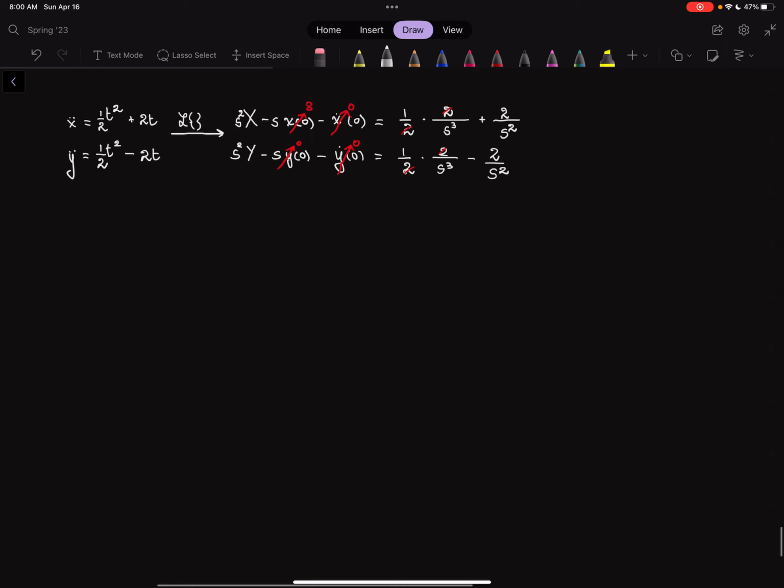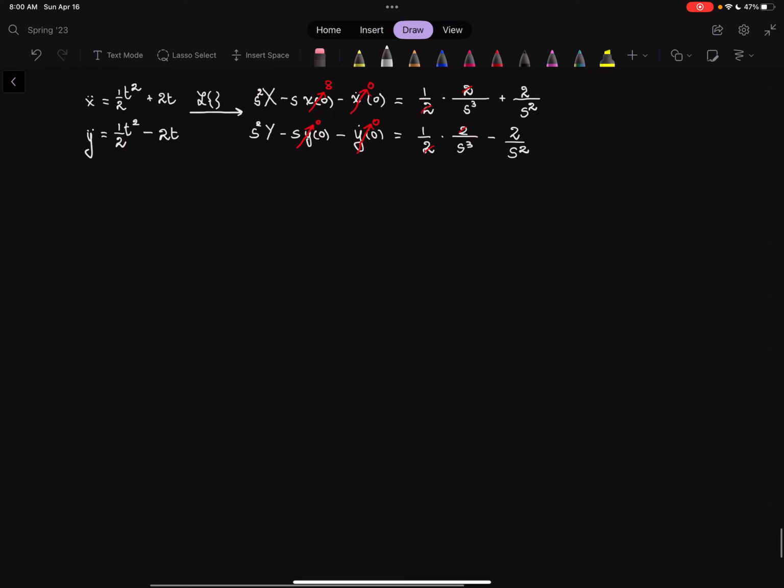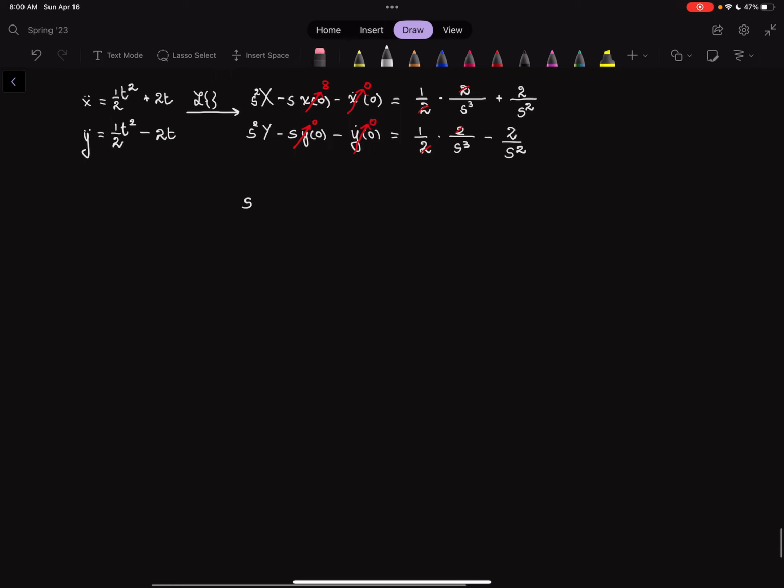So now let's try and rewrite this thing. So we'll have s squared times big X minus 8s minus 0 equals 1 over s to the third plus 2 over s squared.